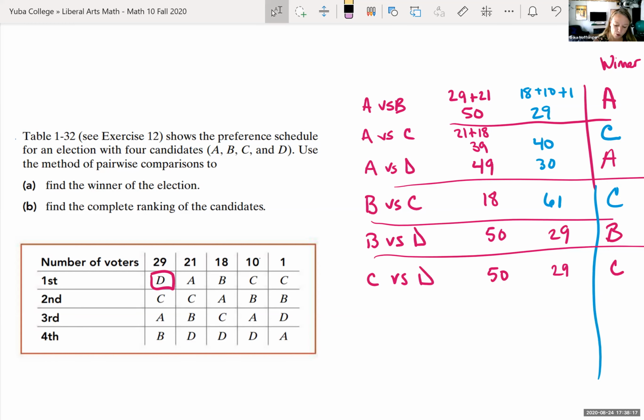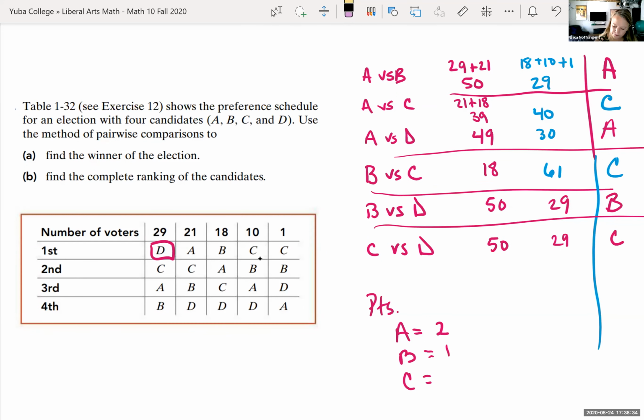So for our points, or number of wins, A won 2 times, where B won once out of the pairwise, and C won 3 times, and D didn't win at all, 0.